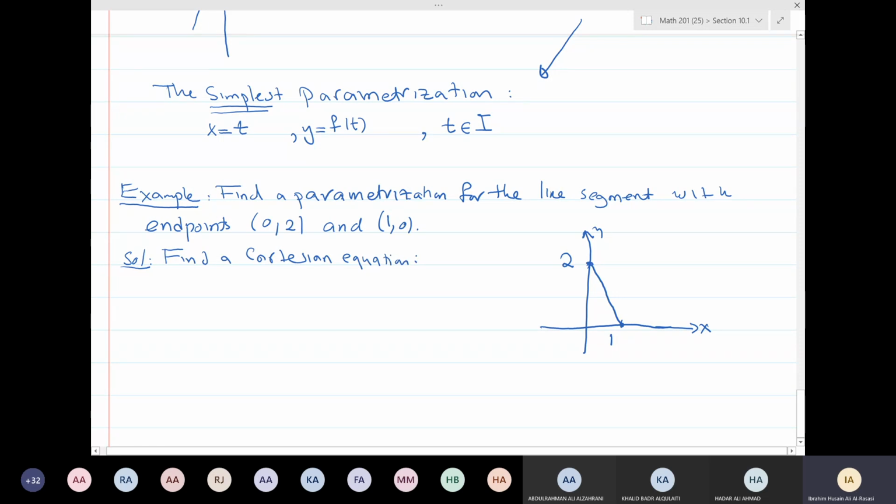How to find a Cartesian equation for the line segment? It is just find the equation of the line. That's it. Find the equation of the line.